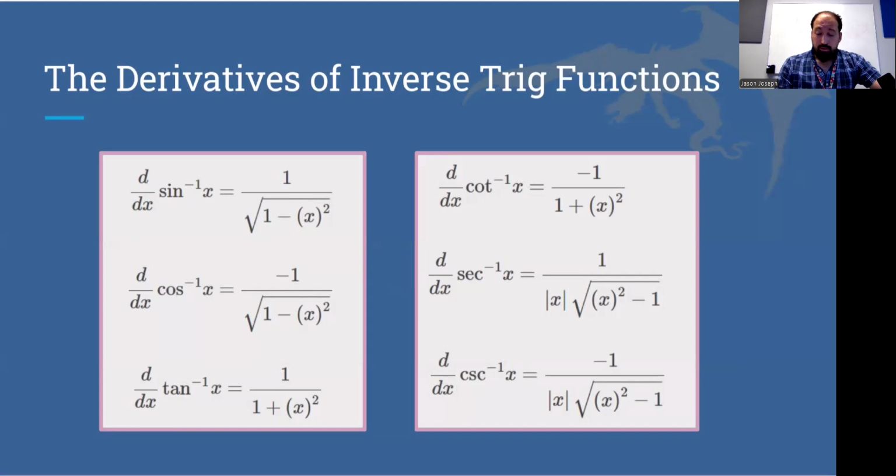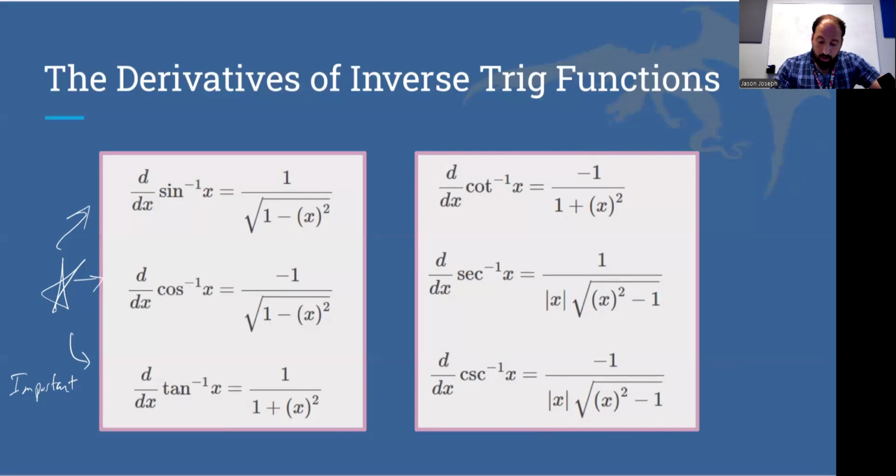On the right are the derivatives of the other three, cotangent, secant, and cosecant. These are just here kind of for your reference. You do not need to memorize the three on the right here, but these three on the left are important. And those are going in your toolkit now. So you should learn these three formulas on the left for inverse sine, inverse cosine, and inverse tangent. You do not need to memorize the other three.